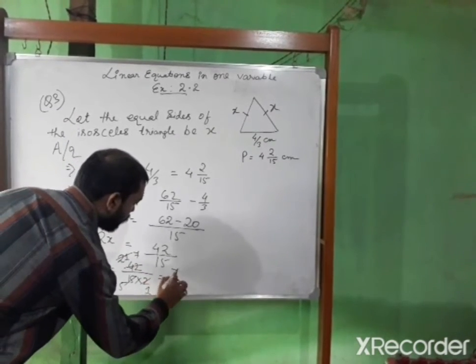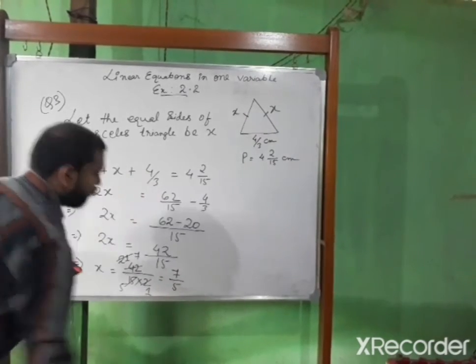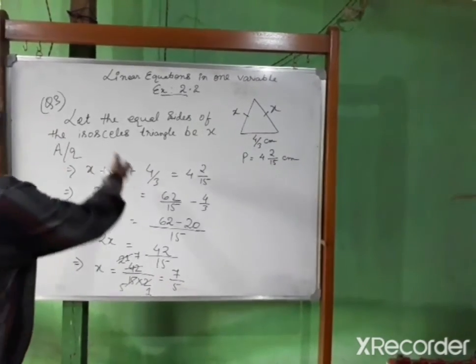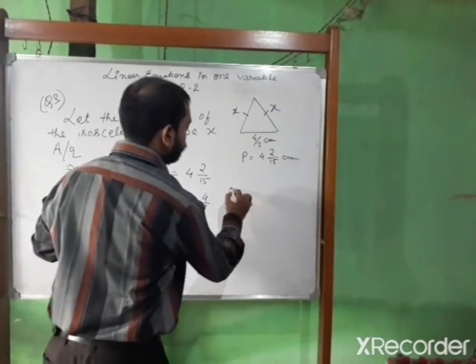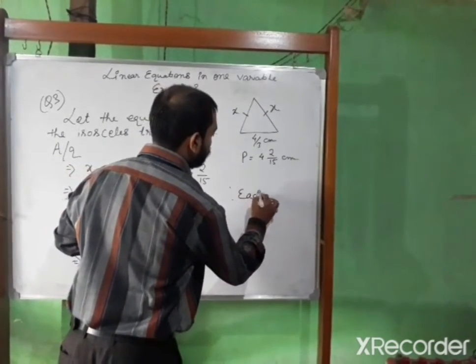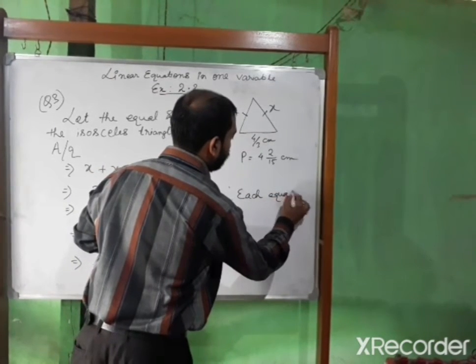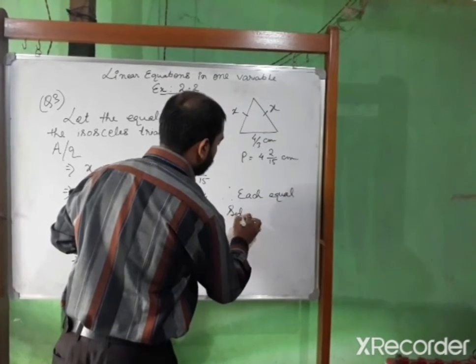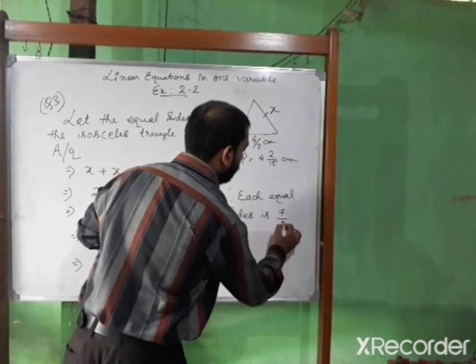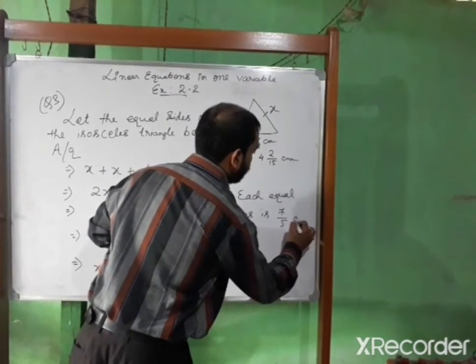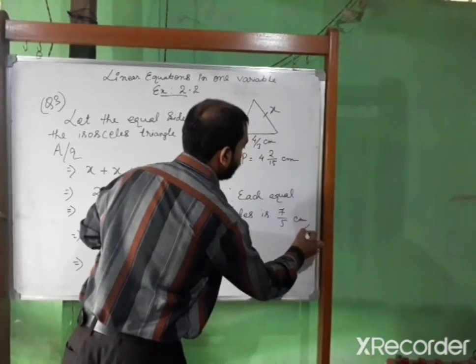So it is 7 by 5. Therefore, each equal side is 7 by 5 centimeters.